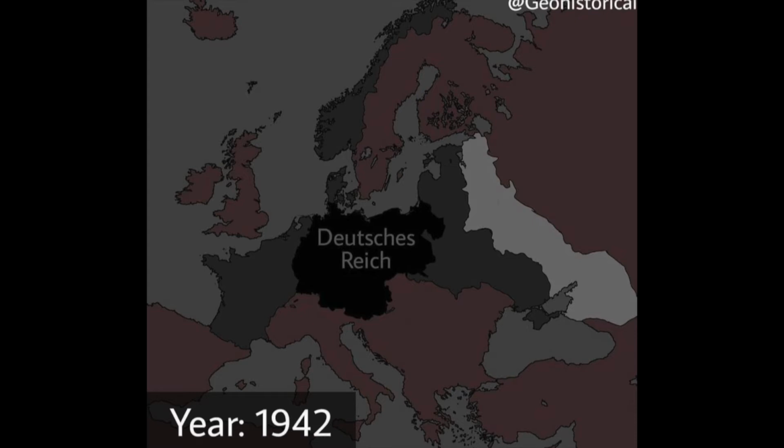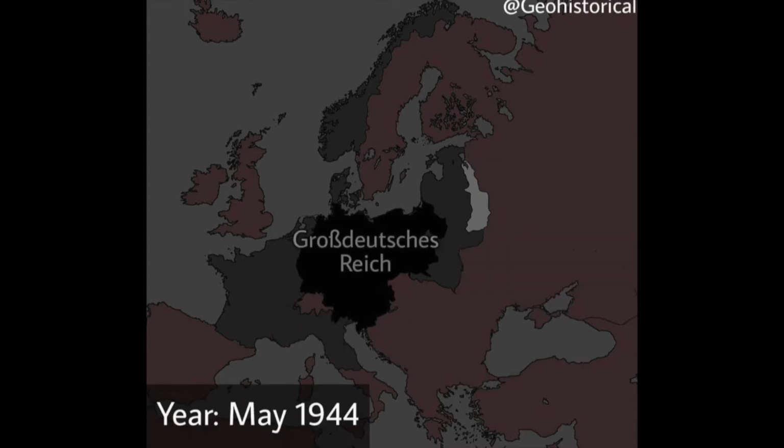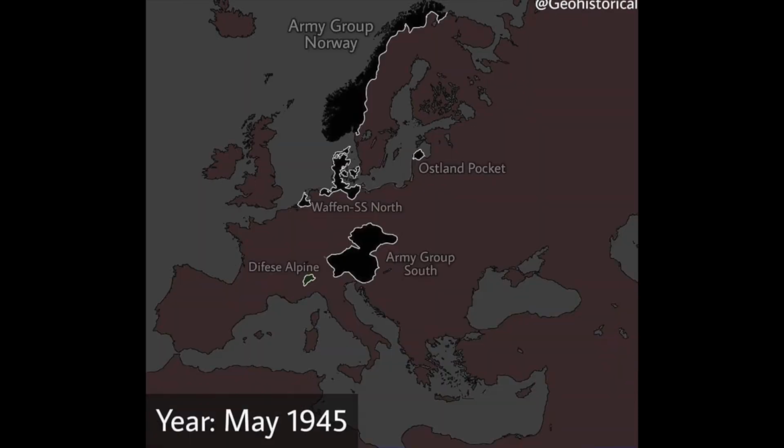That's what it would be, because that war was being fought. And there you can see May 1944, they're losing a ton of land. And then May of 1945, after Adolf Hitler committed suicide, there are very small pockets of German defense. They ended up surrendering on May 10th, 1945.